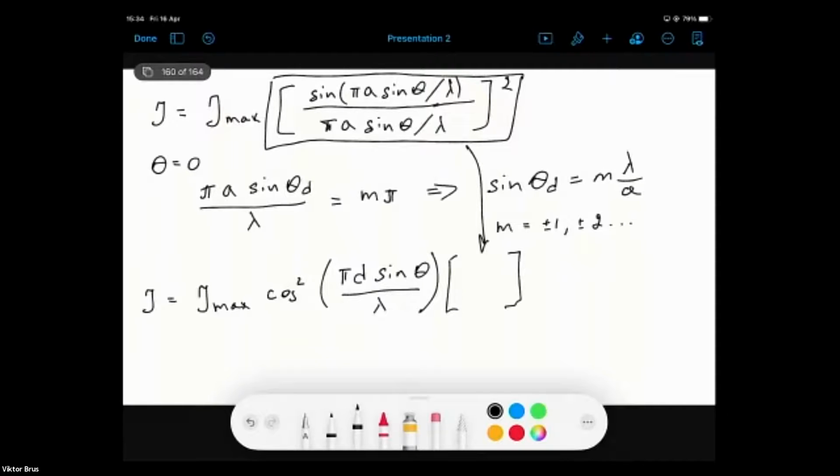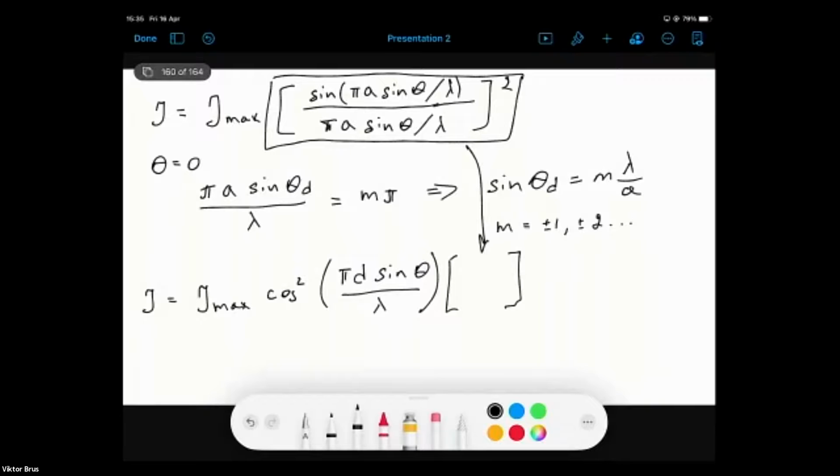So those are the combined equations for two-slit interference and one-slit diffraction. And in that case, we will get the distribution of light intensity which takes into account these two cases. In this case, the single slit diffraction pattern just acts as an envelope for the two-slit interference pattern.